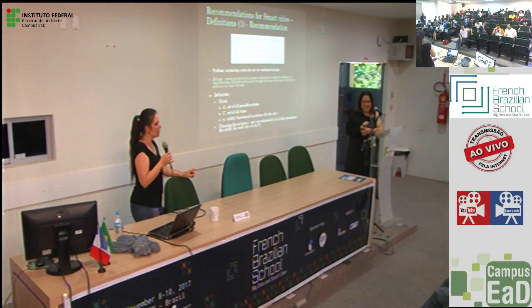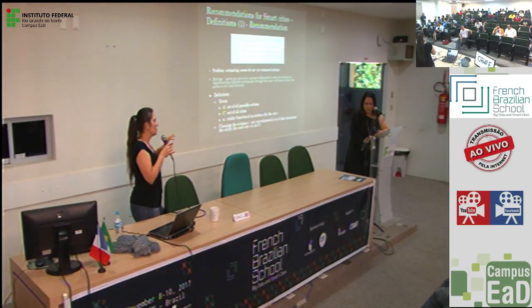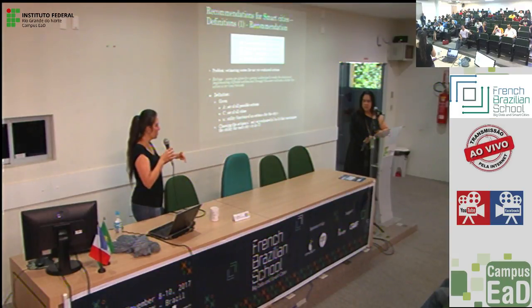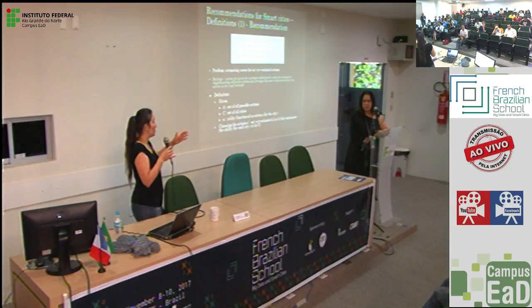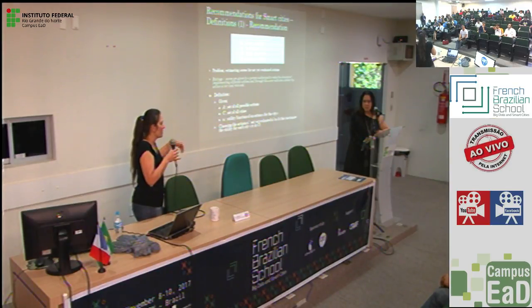I think because smart cities come from what we call smart grid, the more available data we have is about buildings and transport. During the week we saw a lot of presentations about urban data, but it's more about transport and buildings than, I don't know, public space or green space.